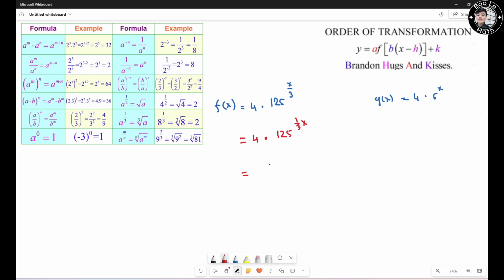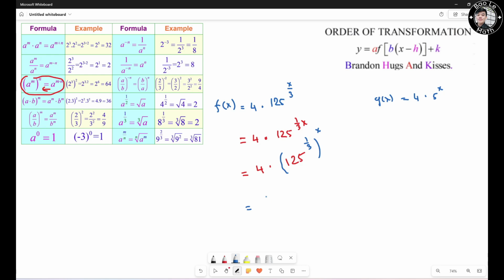This example I'm going to do slightly different from the reverse example to make sure you learn different ways. Alright, so it turns out to be 4 times 125. Now look at this one, 1 over 3 times s, right? So I'm going to use this formula right here. So I convert this one back to this one. So I have 125 raised to the 1/3 all together to the s, right?